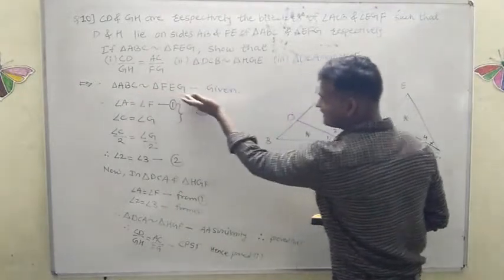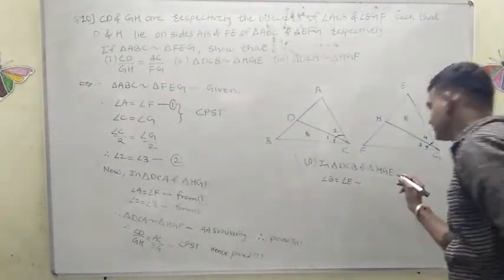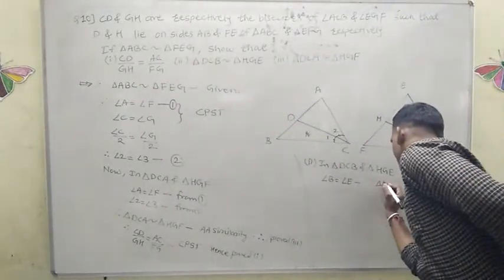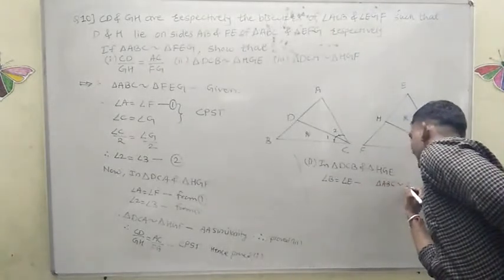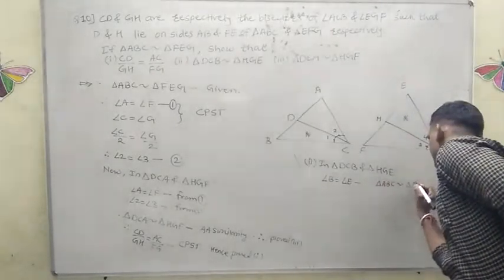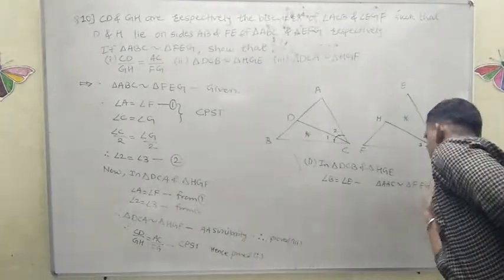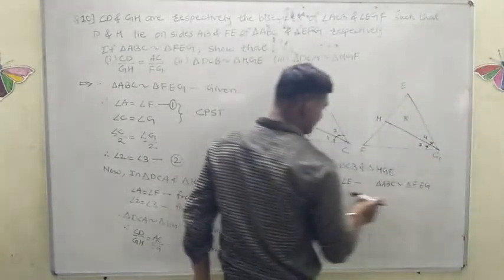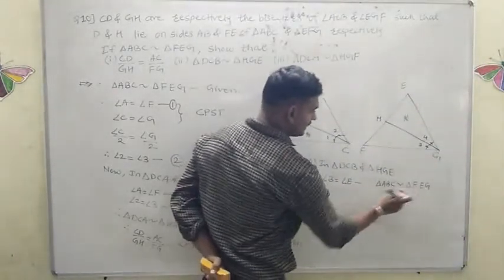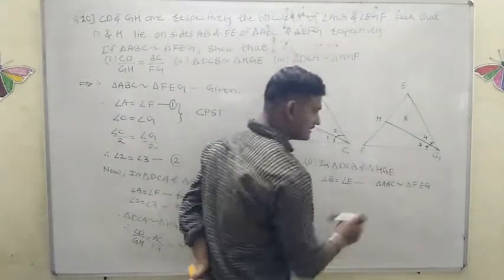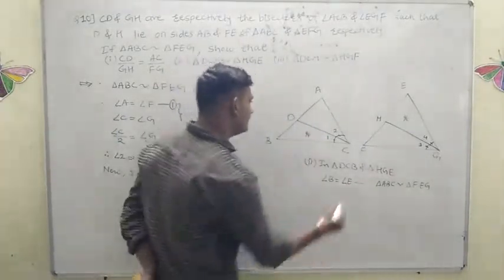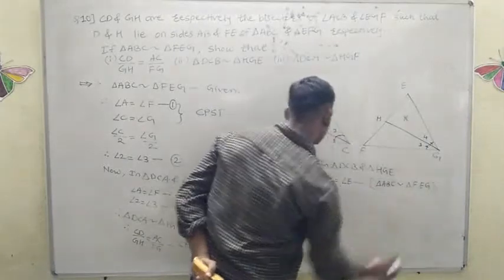Because triangle ABC is similar to triangle FEG. These two triangles are similar. Therefore, angle B is equal to angle E. This much is given, and this is the reason.